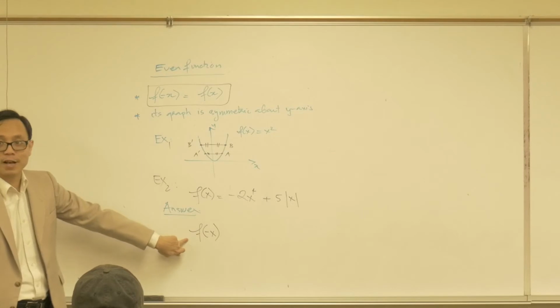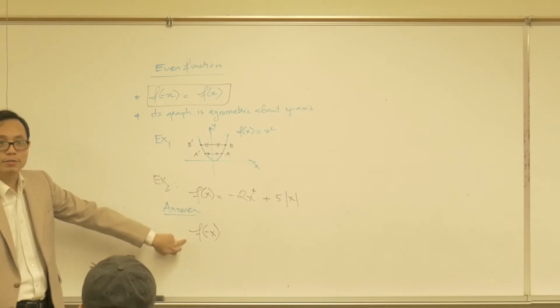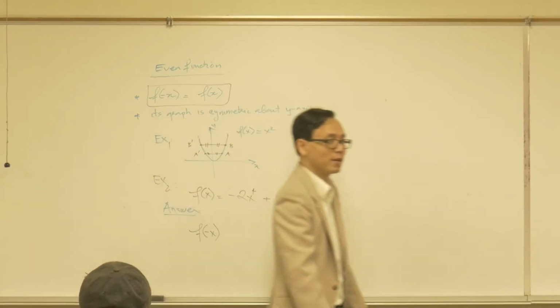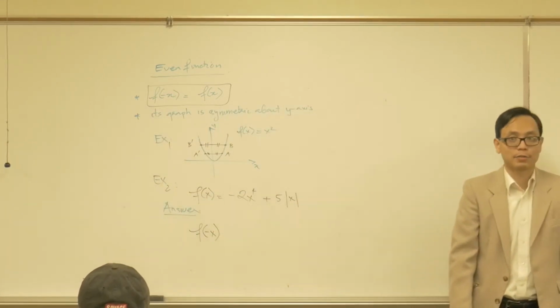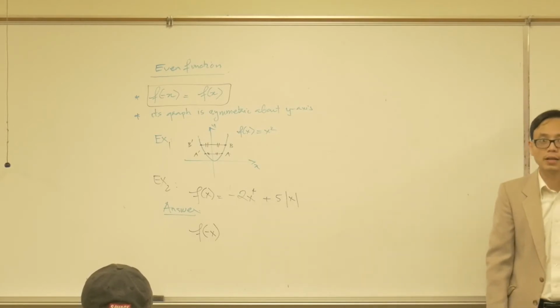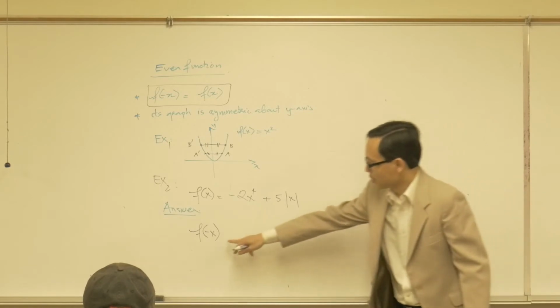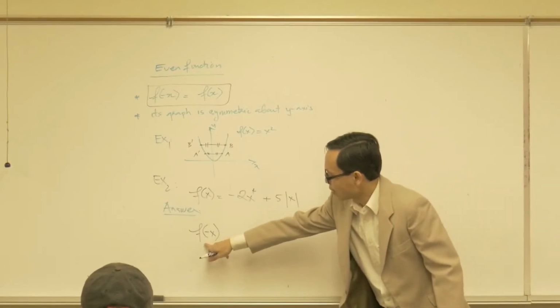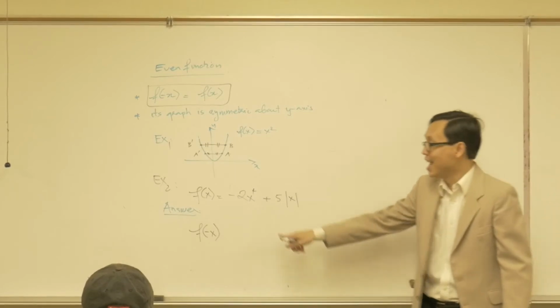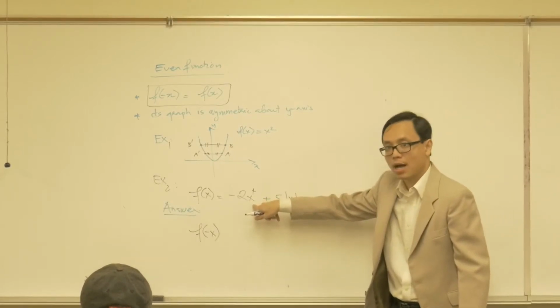When you try to evaluate a function at a certain value, what do you usually do? For example, if I ask you to evaluate a function at x equal 2, what do you do? You put the 2 in. So this is like you evaluate a function f at negative x. So I put negative x into the x.